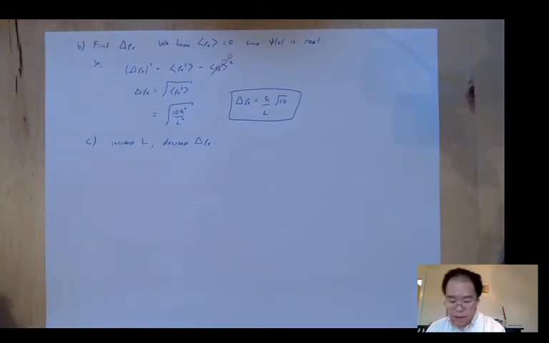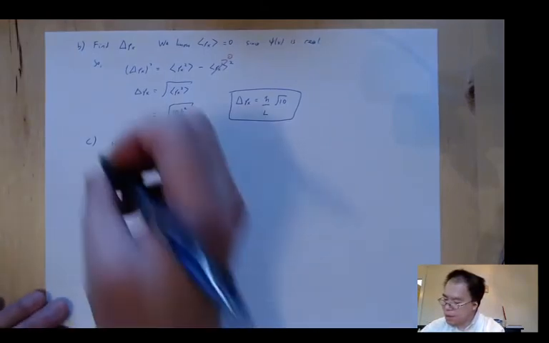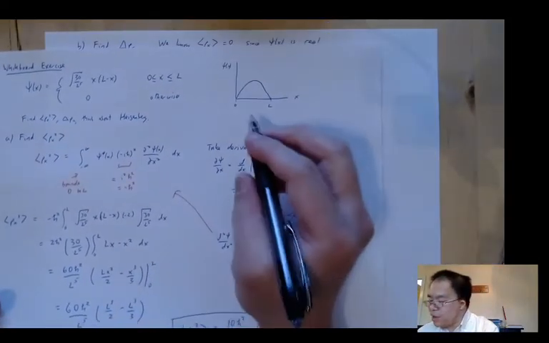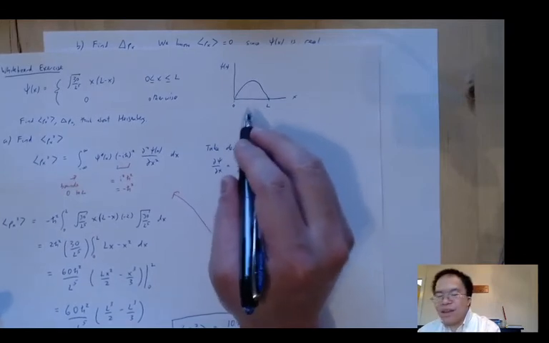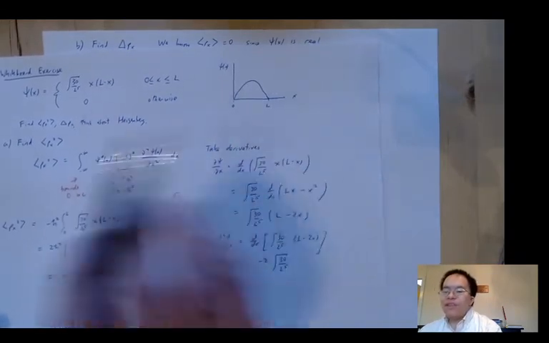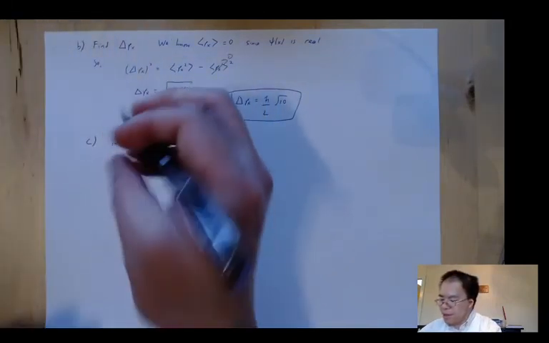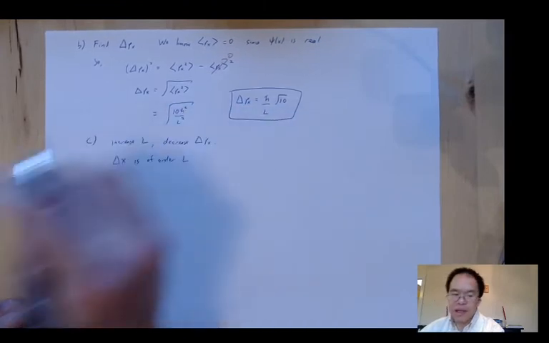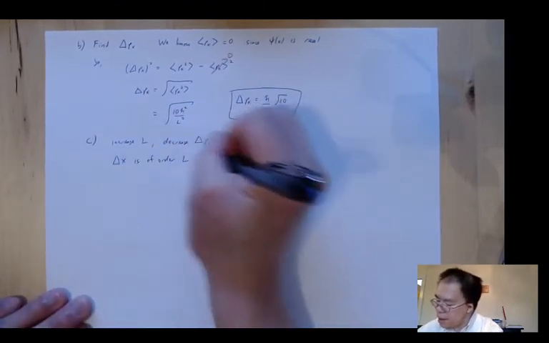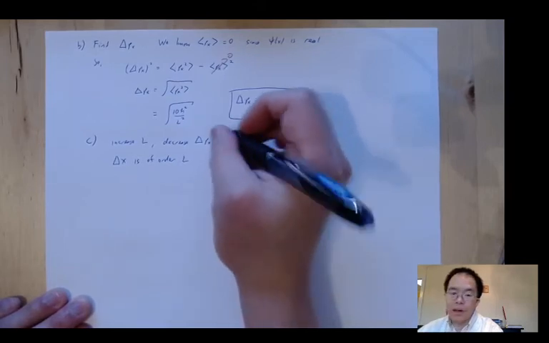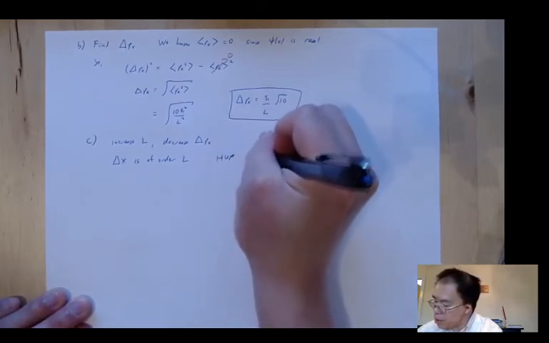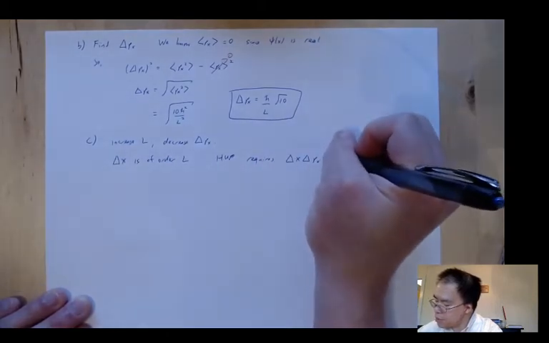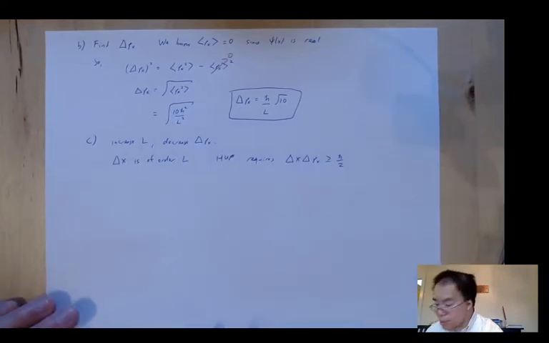This should make sense because the uncertainty in x, just from staring at the shape of the wave function here, is not going to be L, but it's going to be of the same order of magnitude as L, of order L. And the Heisenberg uncertainty principle, which I'll abbreviate HUP, requires delta x delta p x greater than or equal to h bar over 2.